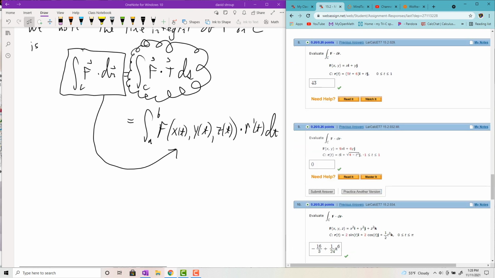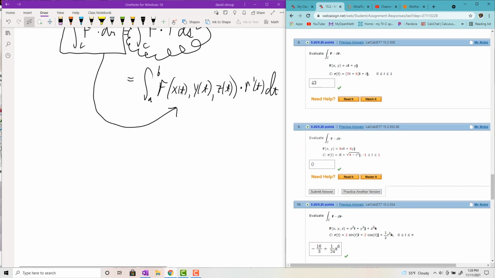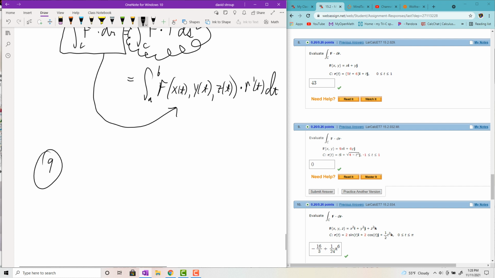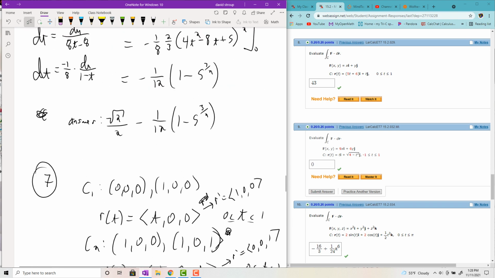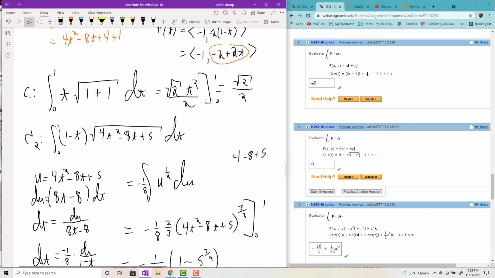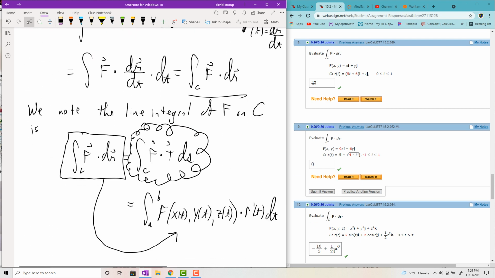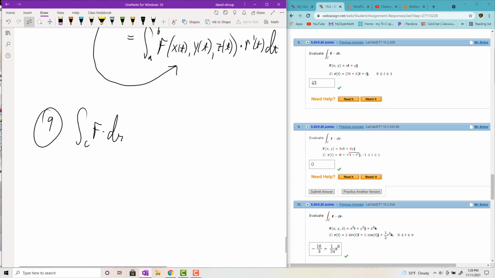Okay, let's look at number 9. We want to figure out this line integral of the vector field F on C. The vector field is 9x comma 6y.